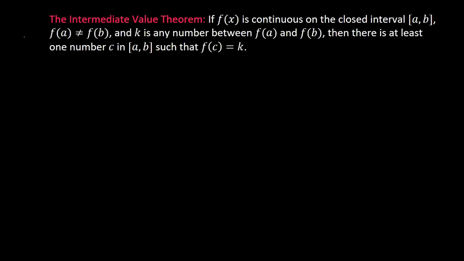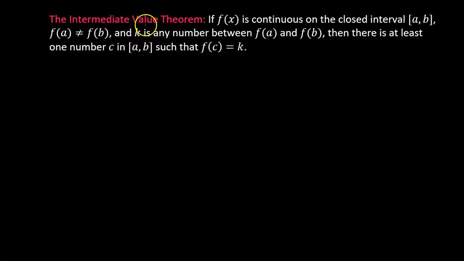The last property of continuity that I wanted to talk to you about is called the intermediate value theorem. Now, this is one of those things that the first time you read it, it doesn't make a lot of sense, but then once you examine it more closely, it becomes like common sense.